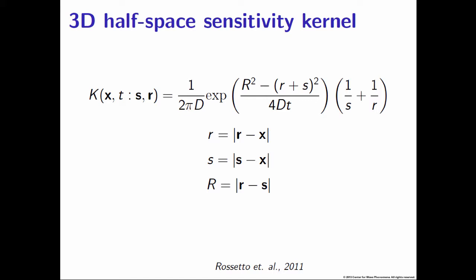Using this coefficient, we can now infer the in situ or localized fractional velocity change, the delta V over V we saw earlier.